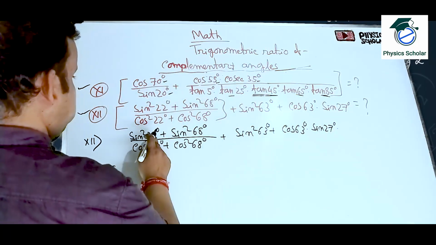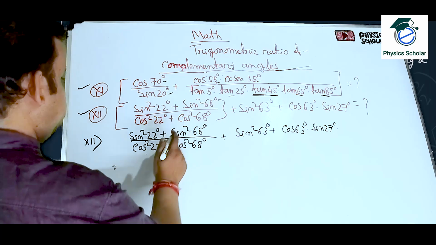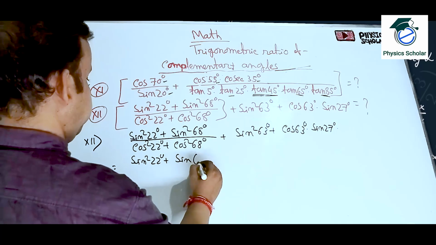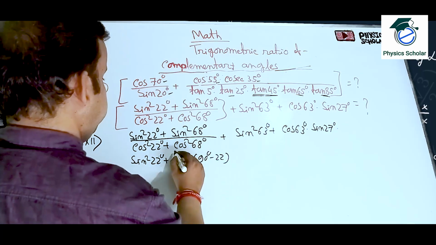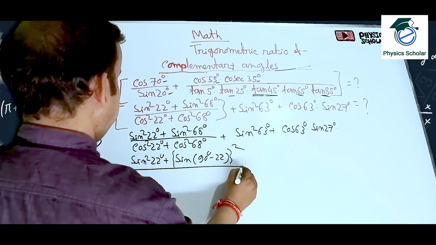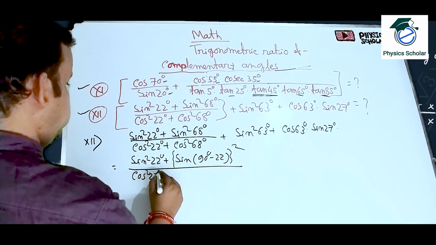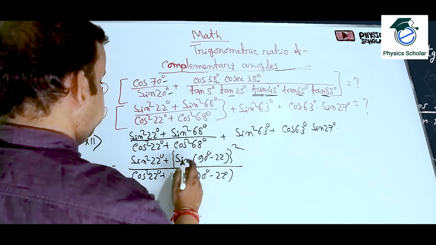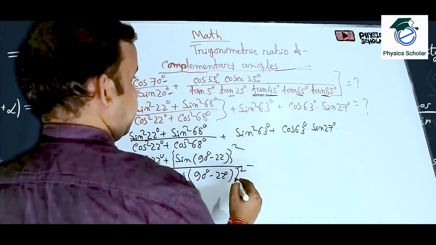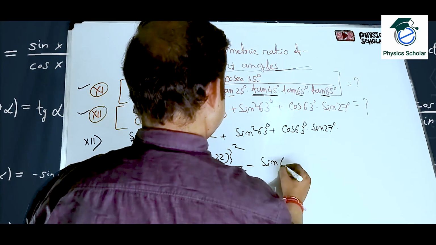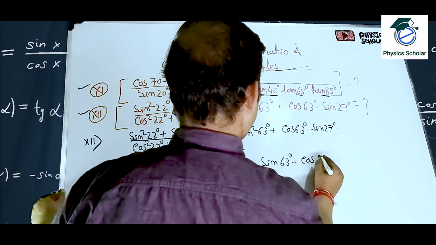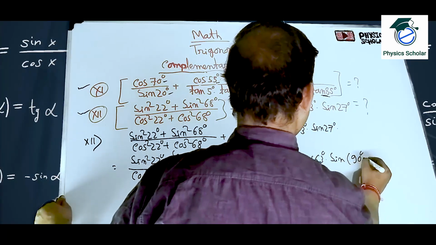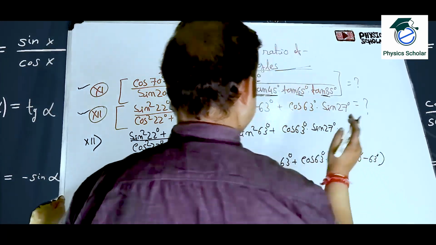Now see, 22 and 68 are complementary, so we are not changing the first one: sin square 22 degree plus sin square (90 degree minus 22), that means 68, divided by cos square 22 degree plus cos square (90 degree minus 22 degree), that means 68, minus sin square 63 degree plus cos 63 degree into sin (90 degree minus 63 degree), that means 27.